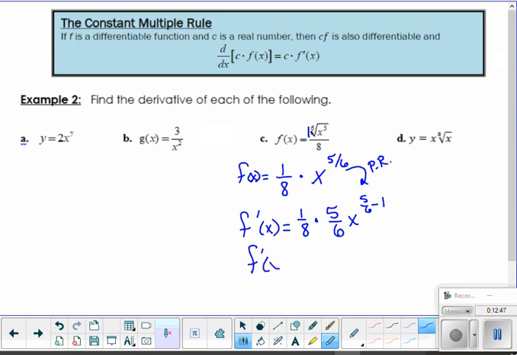So f prime of x equals, to multiply fractions, you multiply your tops and you multiply your bottoms. And then we'd have an x to the 5/6 minus 6/6 if you have to, right? Don't make it easy on your brain. Equals 1/6, looks like it's going to be a negative 1/6.